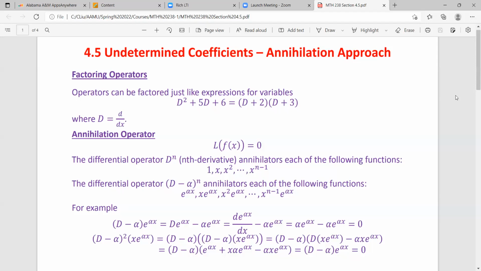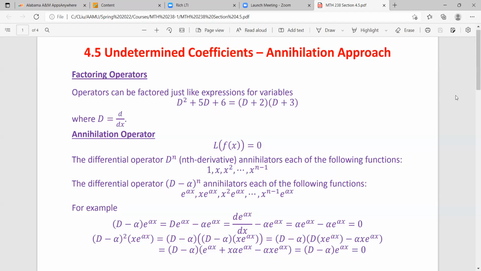The first term D squared just means the second derivative operator. You take the second derivative of a function. The second term 5D is just 5 times the first derivative. And the last term is just a constant 6. So this whole operator expression acts on any function.